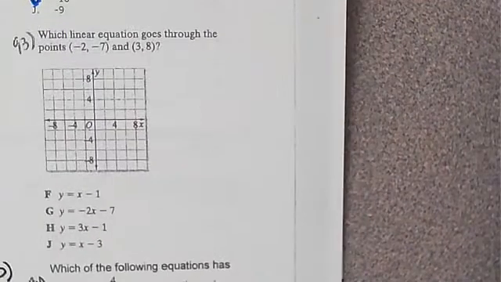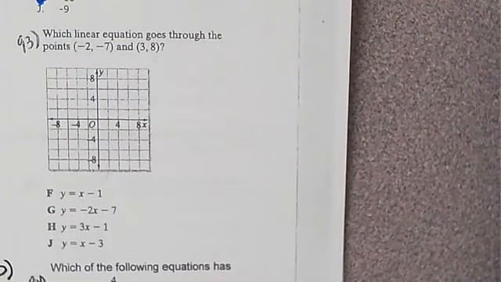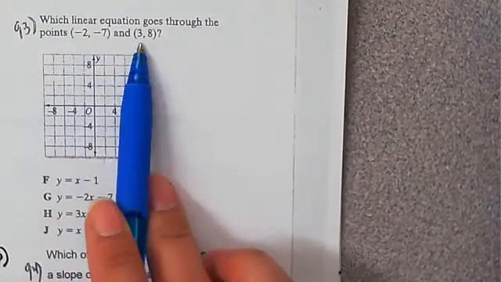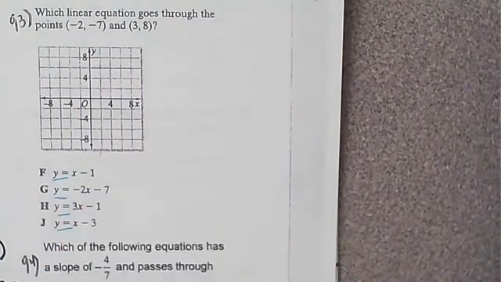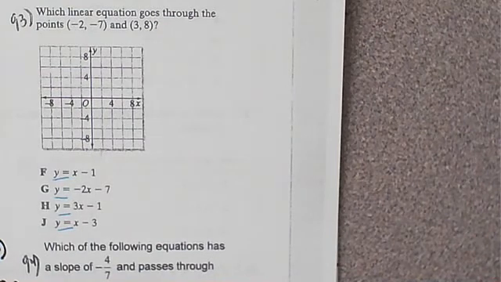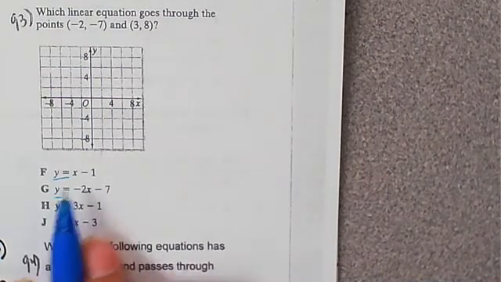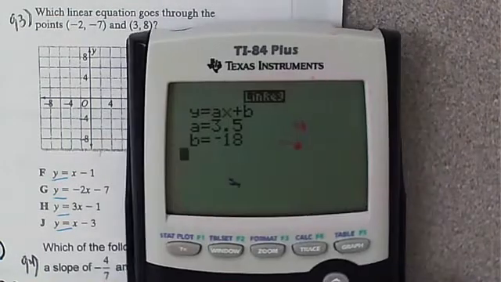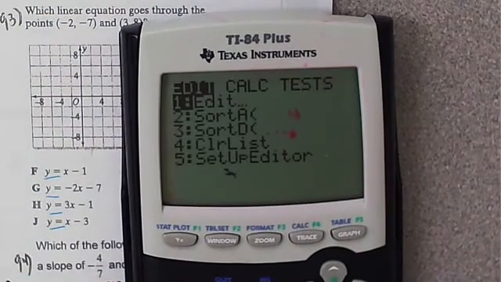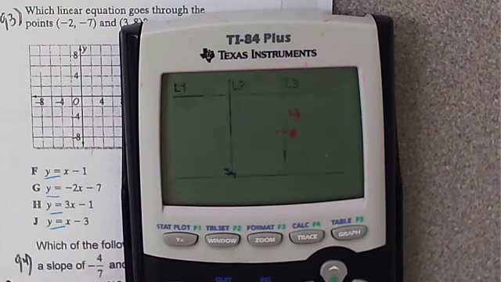Okay. 93. Which linear equation goes through the points -2, -7, and 3, 8? Notice that all your answer choices are in y equals, so you can either get your calculator and put this on y equals and go to the table to see which one has those 2 points. Or you can put it on stat. Remember, stat is going to give you the slope and the y-intercept.